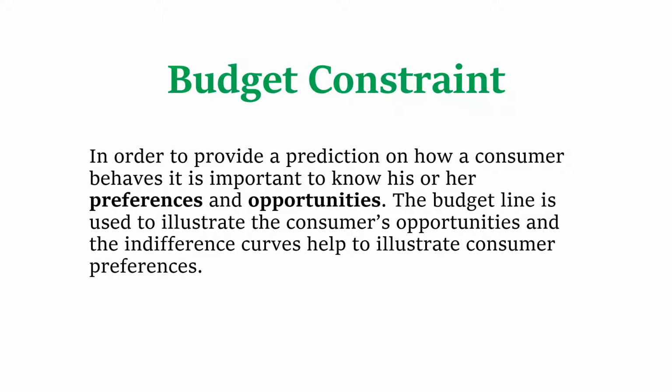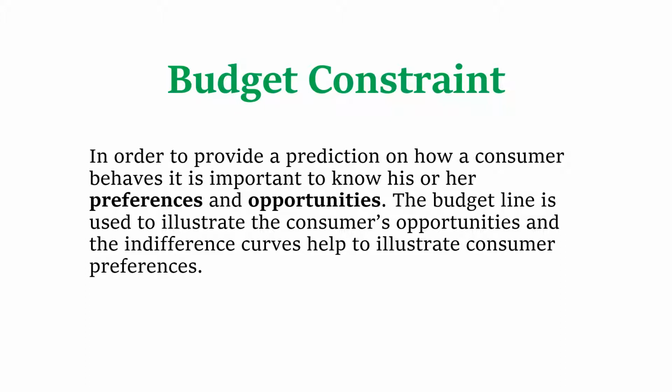Okay, so we dealt with consumer preferences earlier, and now we are going to look at the budget line, then try to see where the indifference curve is tangential to the budget line. At a particular point, the consumer is in equilibrium. That is to say, the slope of the budget line is equal to the slope of the indifference curve, which is MUx over MUy.